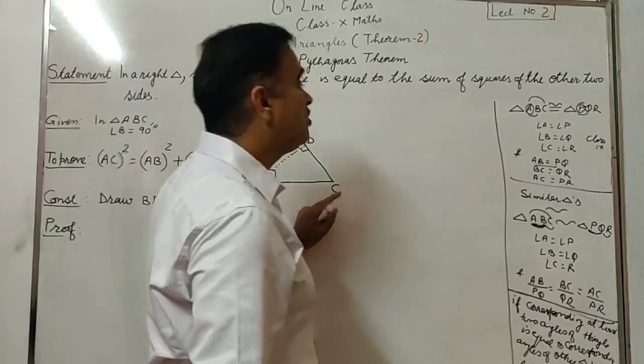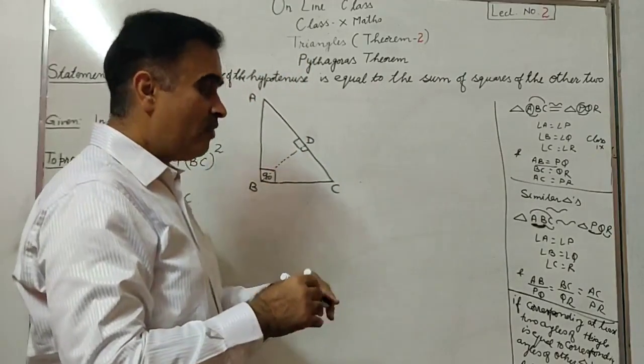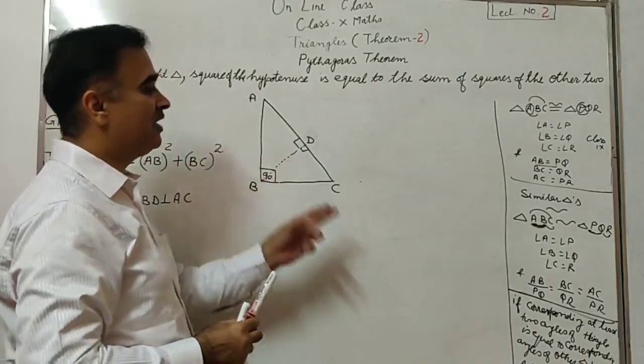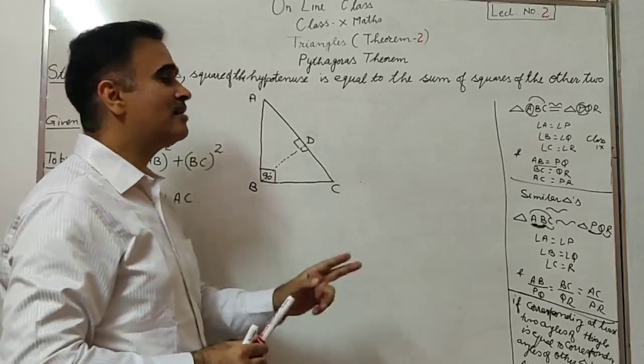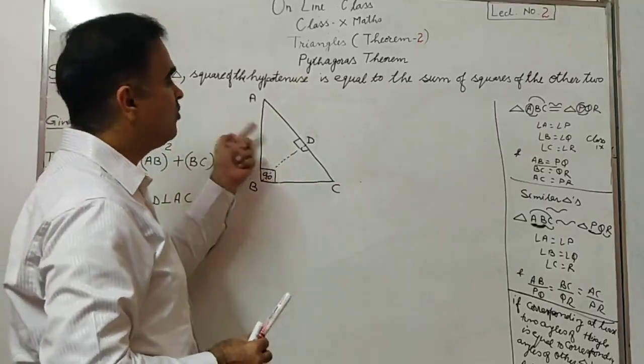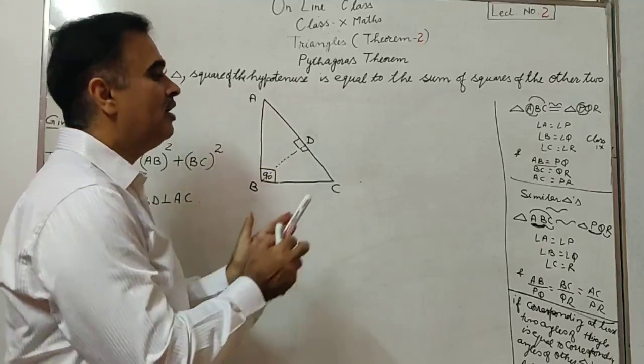Means if we want to prove two triangles similar, then at least two angles of one triangle must be equal to the corresponding two angles of the other triangle.